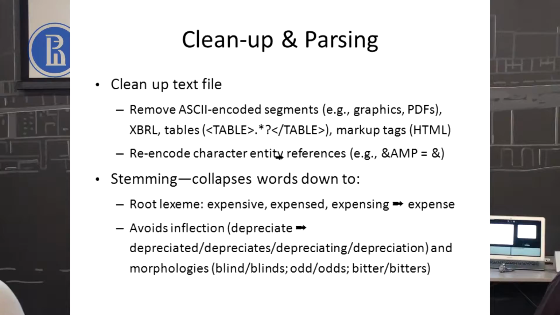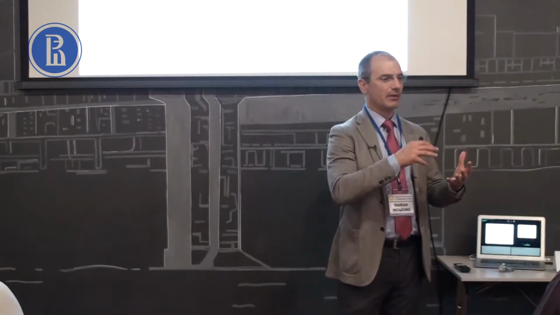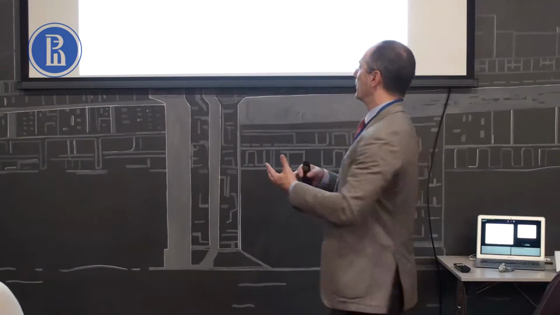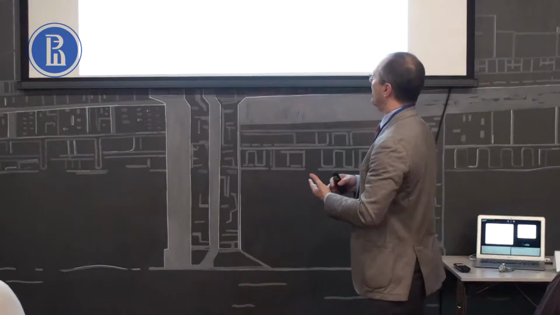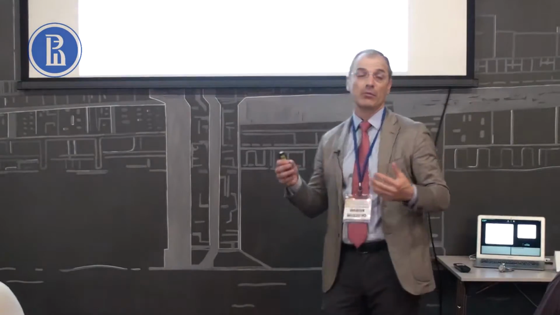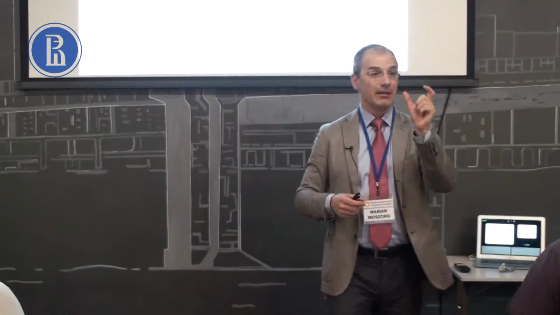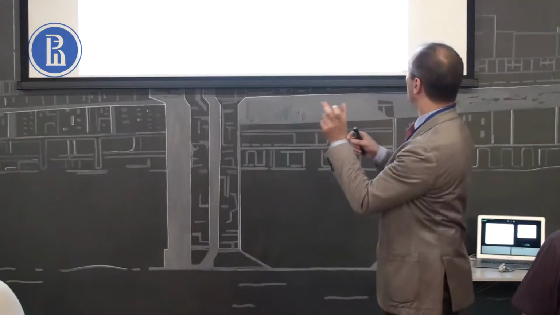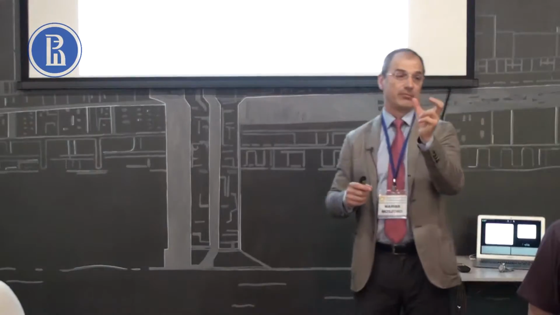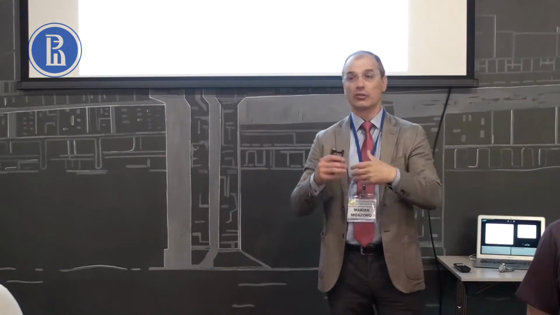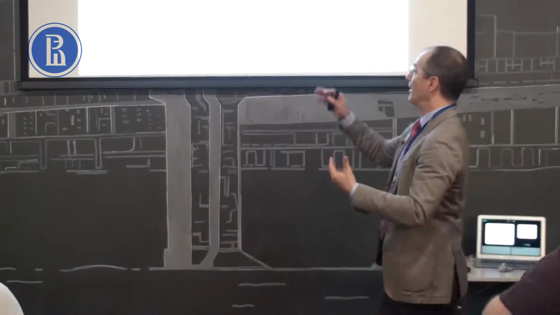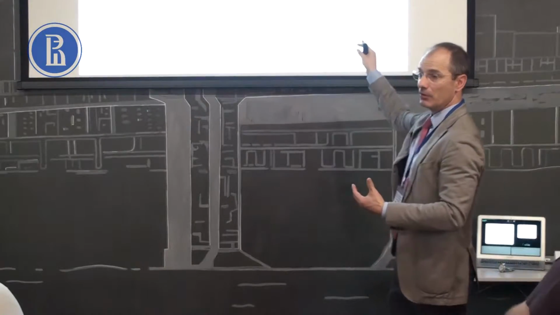Also, we need to stem. Stem is to get to the root of the word. So, for instance, expensive, expense, expensing are many words, but relating to the same thing. Stemming is getting the root of the word, the expense. And if I'm looking for words related to expenses, I don't want to count three times different words.